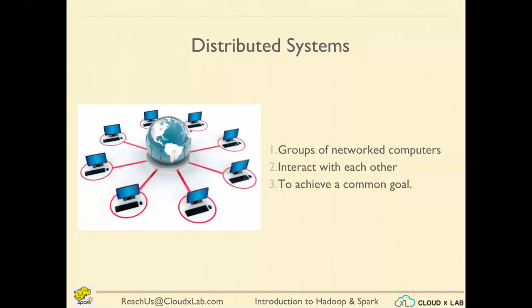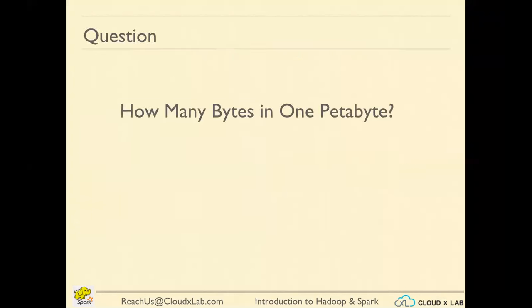All right. So those were the basic definitions. Let's move on now. A question to all of you. How many bytes are there in 1 petabyte of data? Anybody? All right.